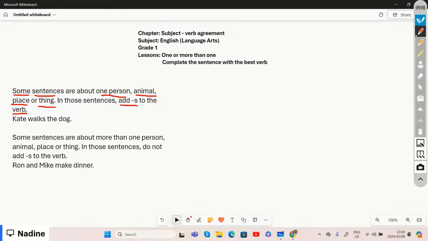So whatever our verb will be within the sentence, we just need to add an S. That's because we're referring to one person, one animal, one place, or one thing that's doing the action. So our verb ends with an S.